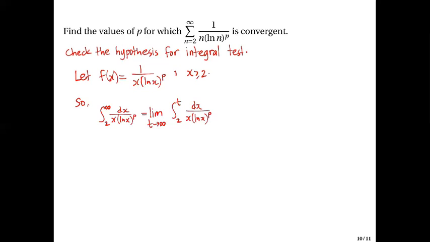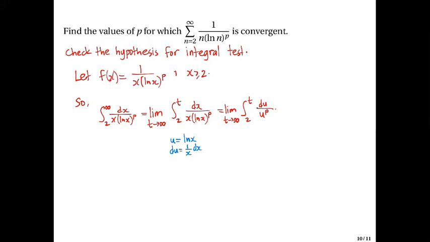With the same substitution as before, u equals ln x, du equals 1 over x dx, this becomes the limit as t approaches plus infinity of the integral of du over u to the p.